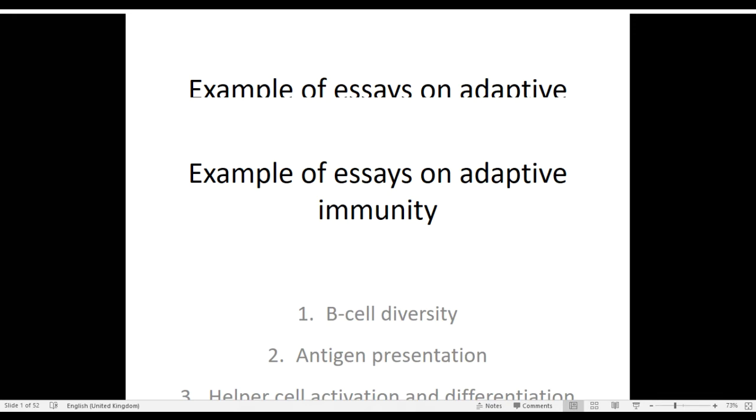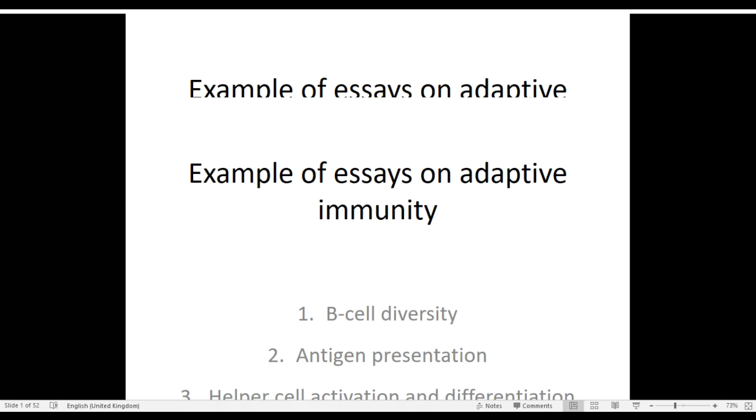Therefore, we need a broad range of different B cells with different B cell receptors that will respond against the different pathogens. Now, considering the vast amount of pathogens that we have the ability to encounter, it means that we need to have a broad range of B cell receptors possible to deal with that.